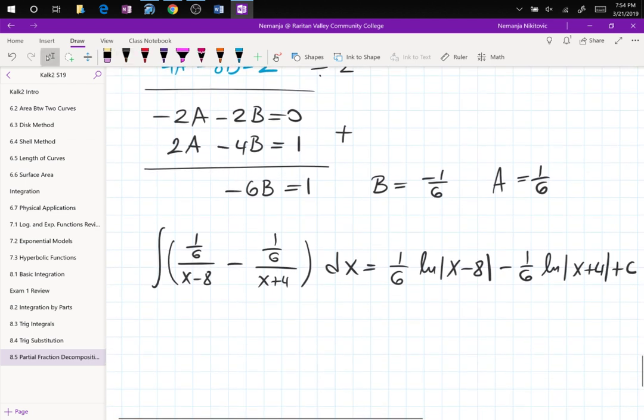Now, that's already the answer, but we can flex, right? We can factor out 1 over 6 and then combine logs using the log rules. So that's the boss move.